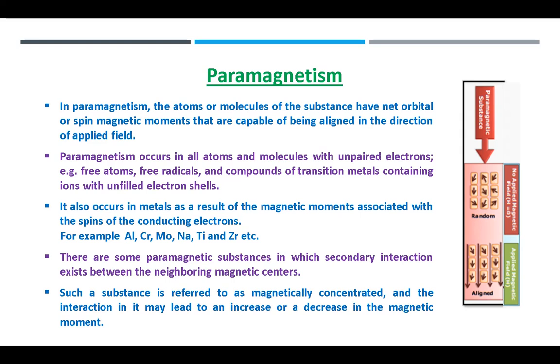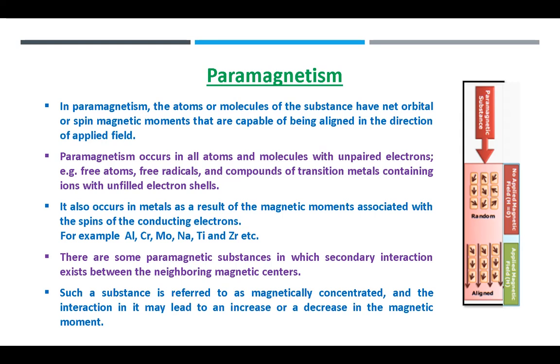In most paramagnetic substances, the magnetic properties originate entirely from the individual magnetic centers, that is, there is no secondary magnetic interaction between neighboring magnetic centers. Such a substance is called a magnetically dilute substance.